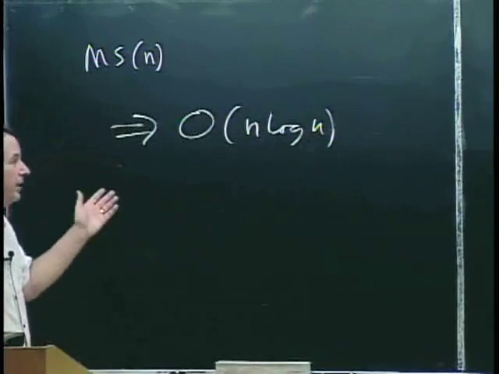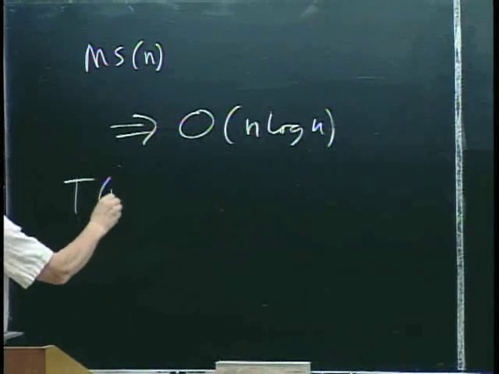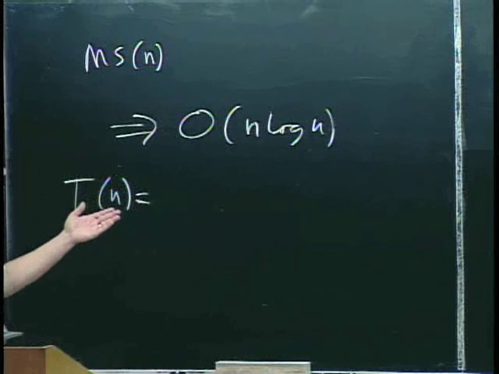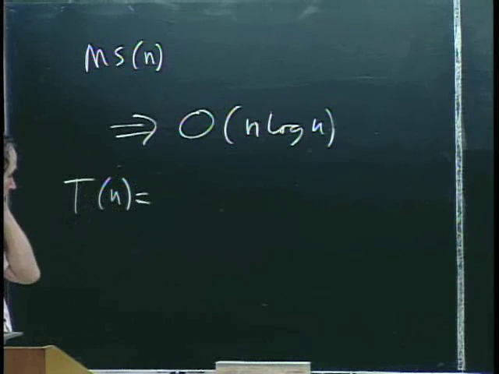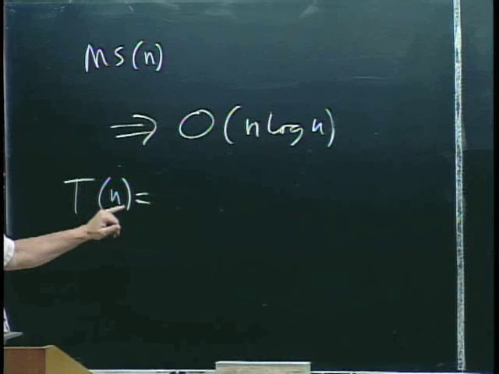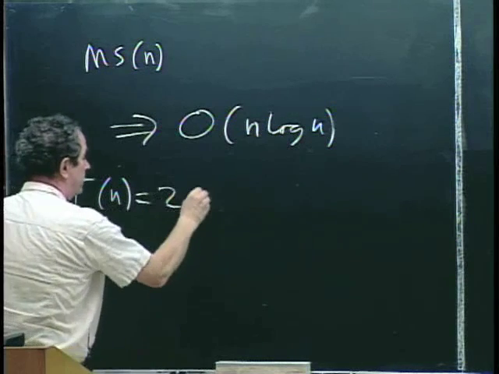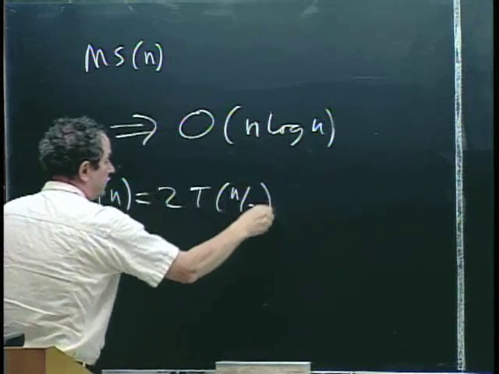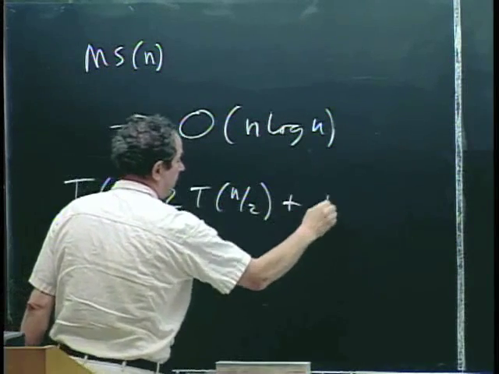And the way we did that, again, was by setting up a recurrence relation which said that the primitive number of operations on a list of size n was 2 times T of n over 2 plus n.